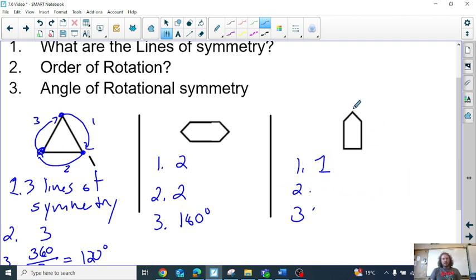And because of this point right here, if we try to rotate it, we find that it never gets back to looking the same until it goes through 1 full rotation. So since it doesn't get back until we get to the beginning, there's no such thing as an order of rotational symmetry of 1. So what we'd say is that there is none. There's no rotational symmetry, which means that there is no angle of rotational symmetry either.